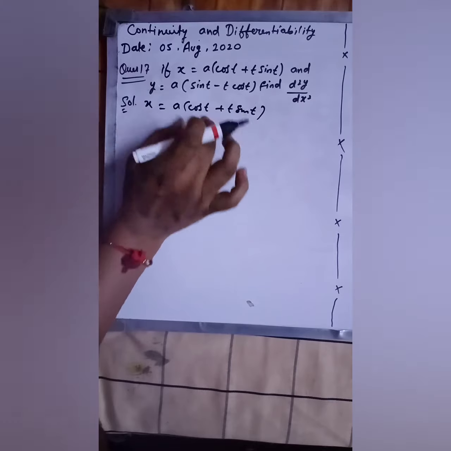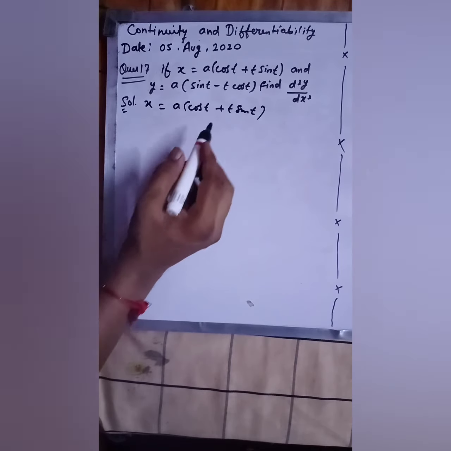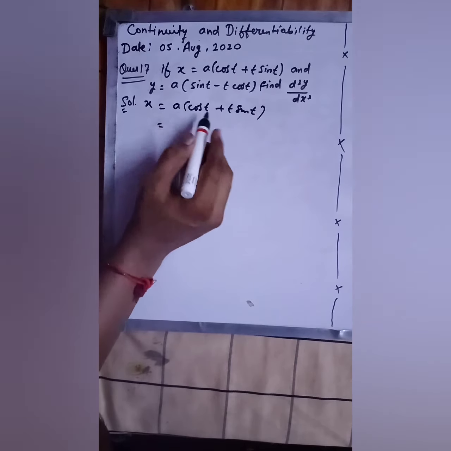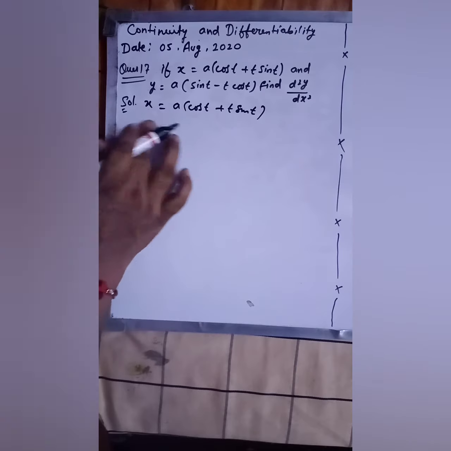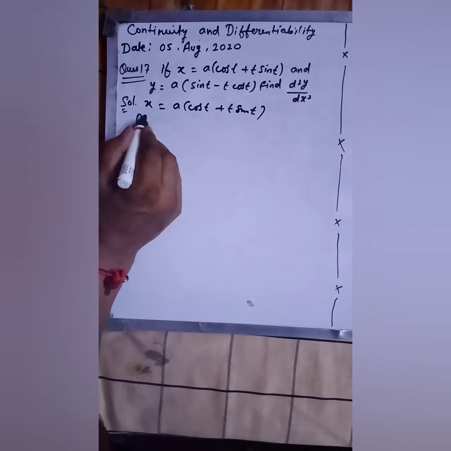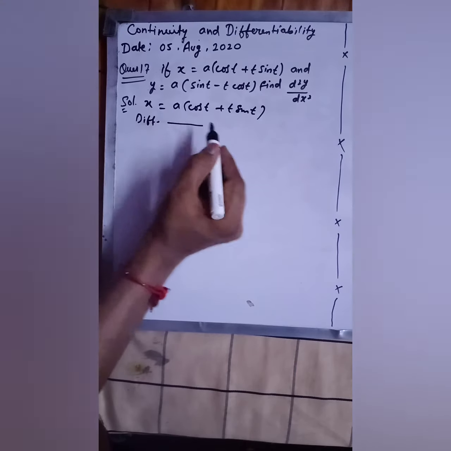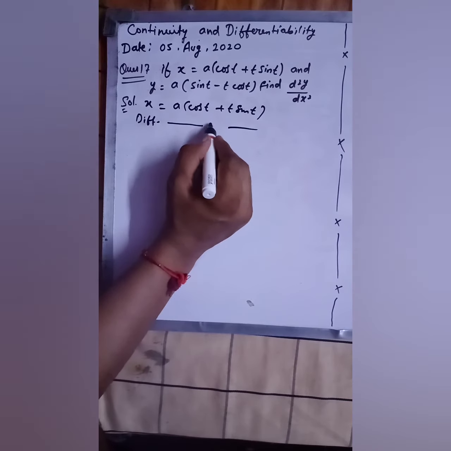Okay, this equation I'm writing here, and now we are differentiating both sides with respect to t. So you have to write, differentiating both sides with respect to t.